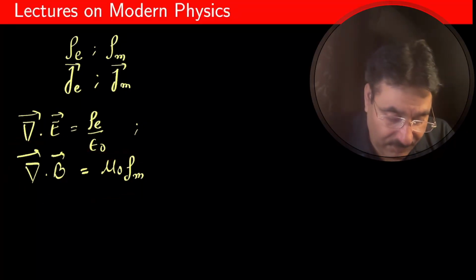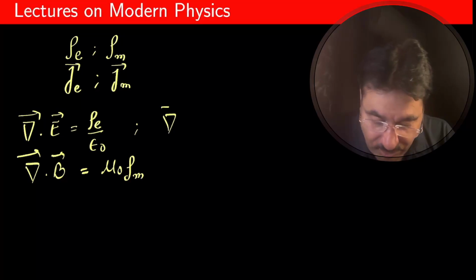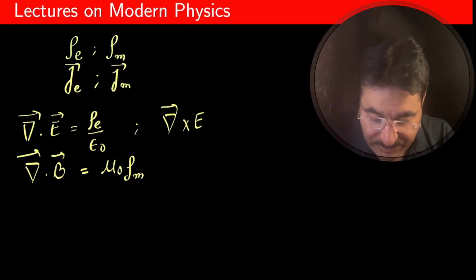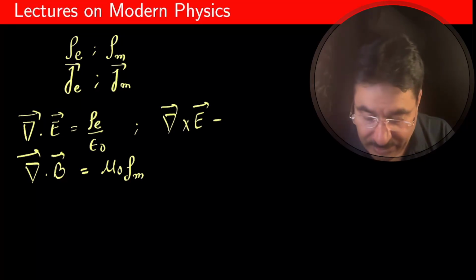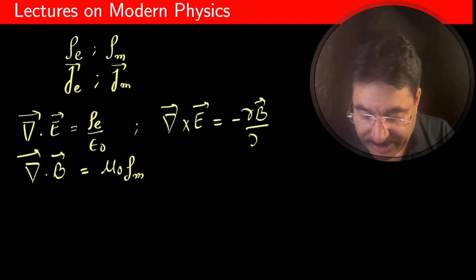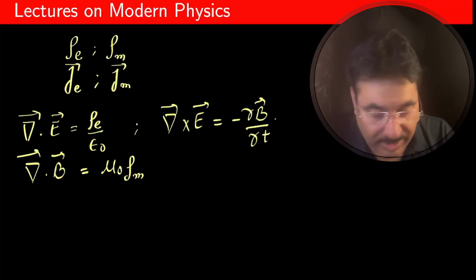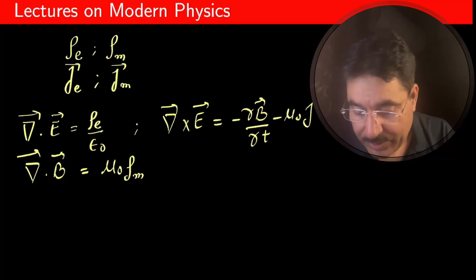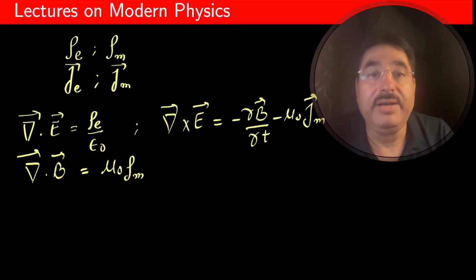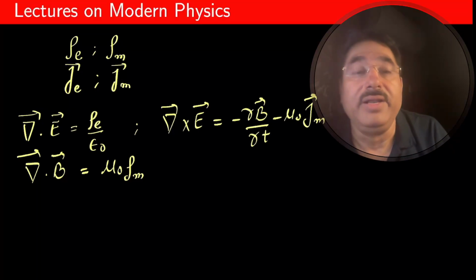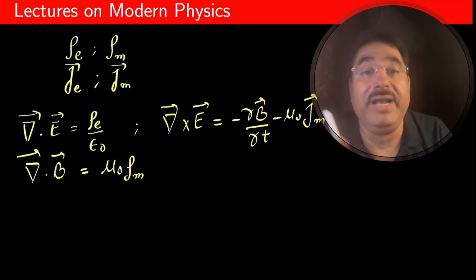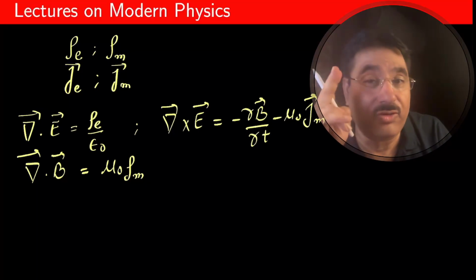What about the curl of electric field? It should look like the fourth equation now. Curl of electric field would be minus the first term, which was already there, but there will also be a contribution due to current density, because this current density would be magnetic current density. So it just looks like the fourth equation.